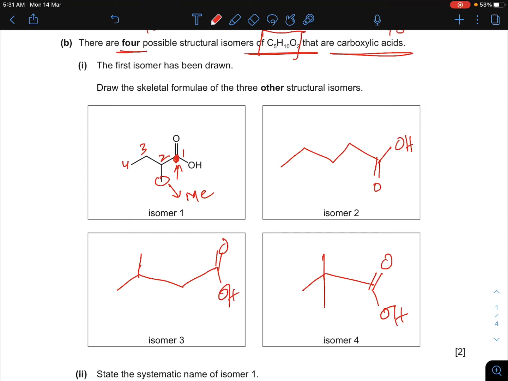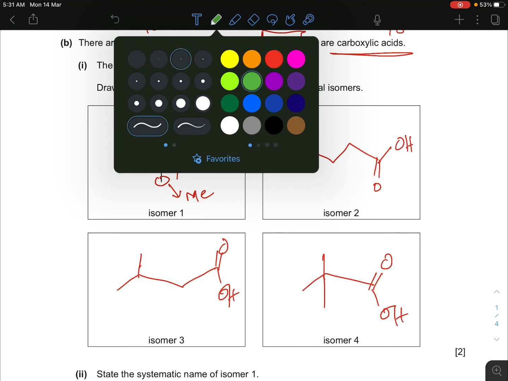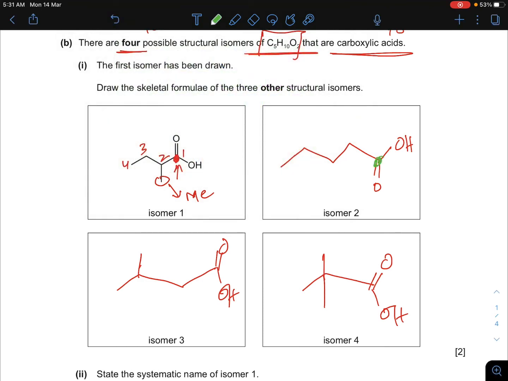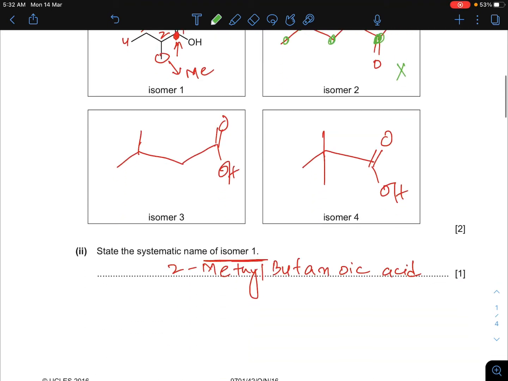In the first structure that we have drawn, all the 5 carbon atoms are different. So there are 5 different carbon atoms, and we get 5 peaks in the C13 NMR spectrum of this molecule. So this could not be the one.